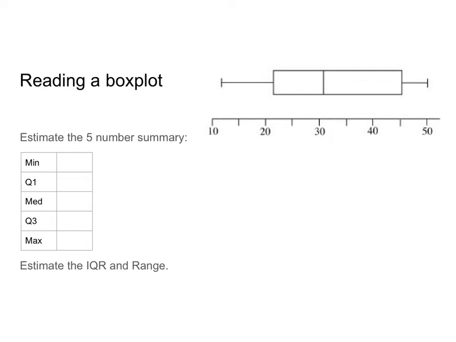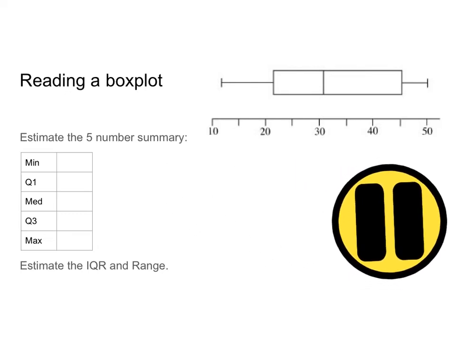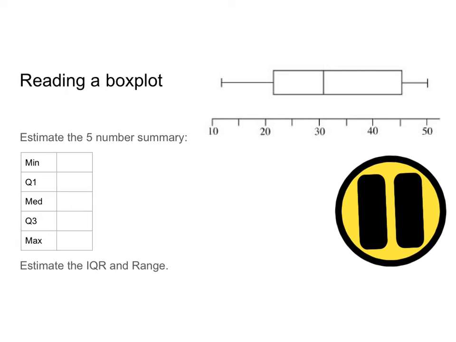So write down what you think those 5 numbers are, and then see if you can calculate the IQR and the range from that. So pause now, copy down the box plot, and write down your 5-number summary and the IQR and the range. Don't be afraid to check your notes from last video if you've forgotten what the IQR is.